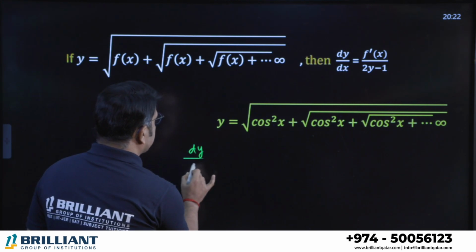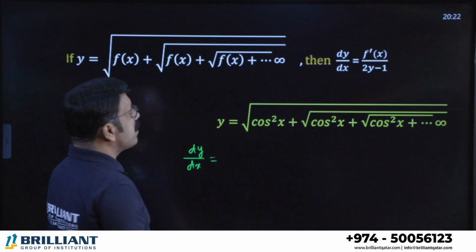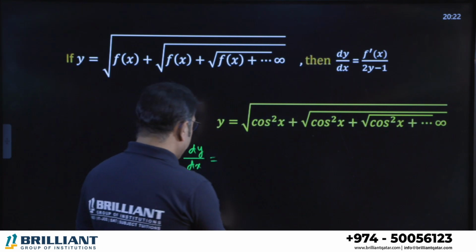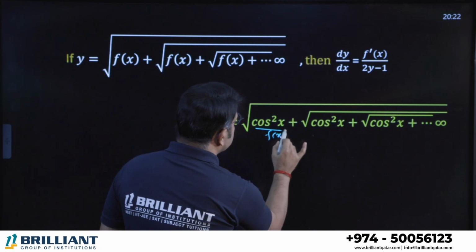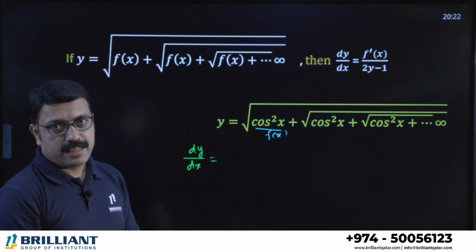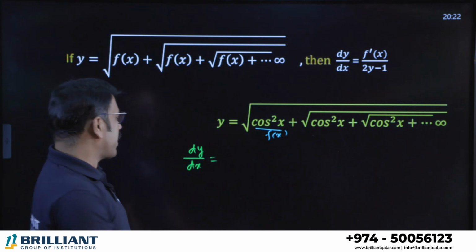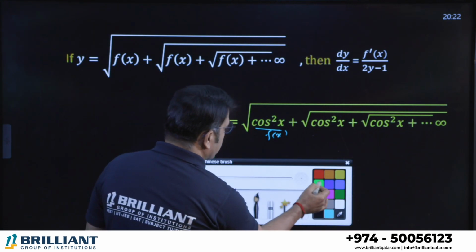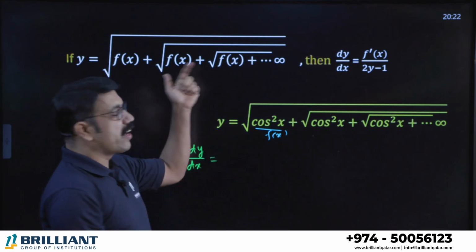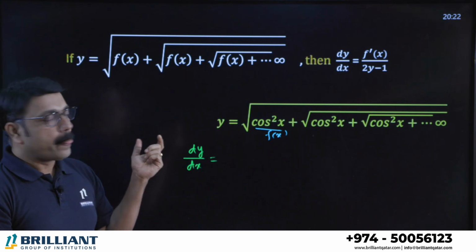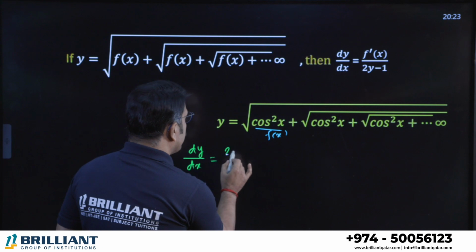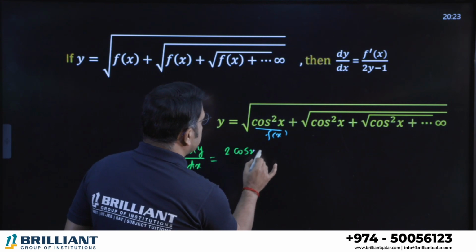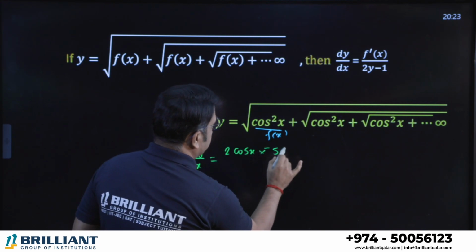dy by dx equals the derivative of f of x. Please consider, what is the f of x? f of x is cos square x. What's the derivative of cos square x? Actually it is the chain rule. So 2 into cos x into the derivative of cos x, which is minus sin x, right?